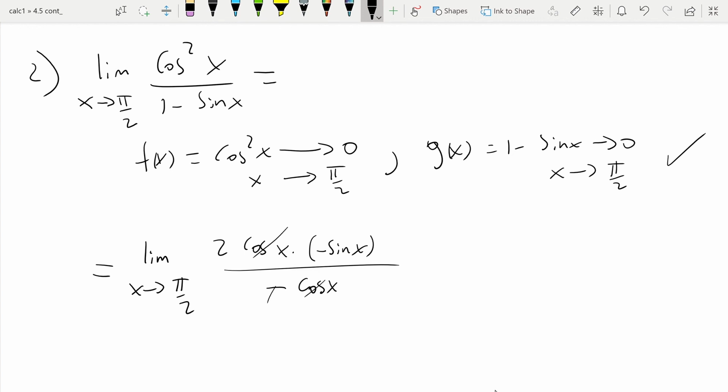And finally we get 2 times sine x divided by 1. And well, that's a continuous expression, so we can plug in pi over 2 for x, and we get 2 times sine of pi over 2. Sine of pi over 2 is 1, so we get 2 times 1, it's just 2. So that's our answer.